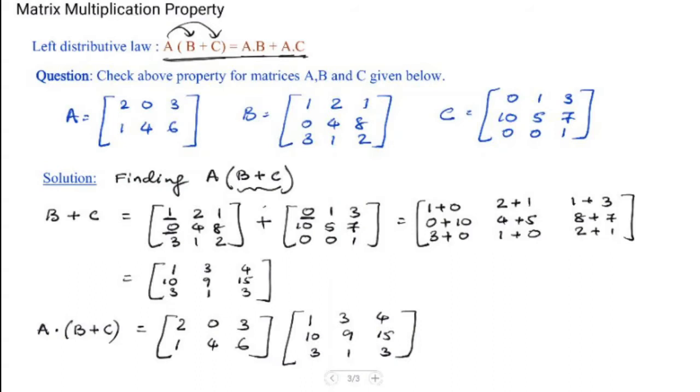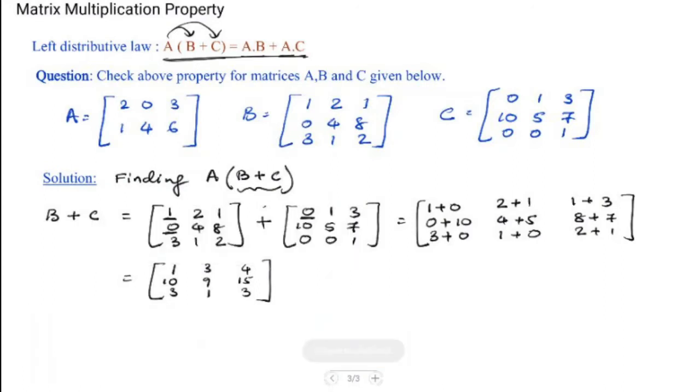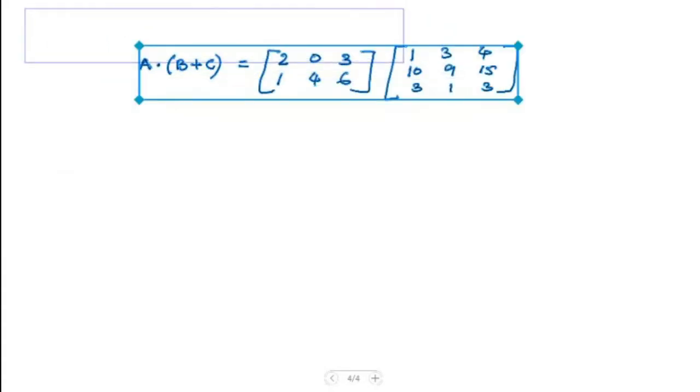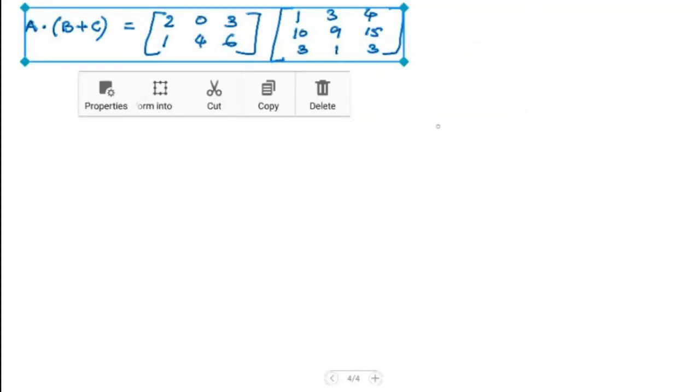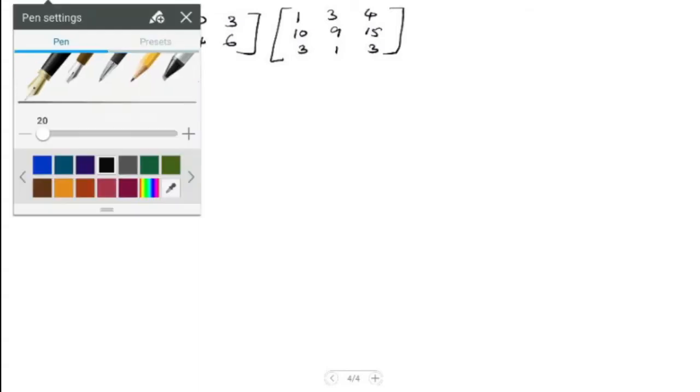Now let me take it to the next page so we can do it there. Okay, so now first we have to check whether we can do this multiplication or not.